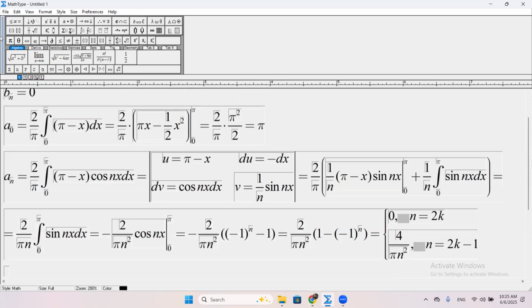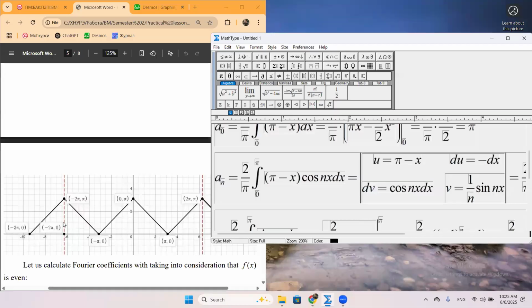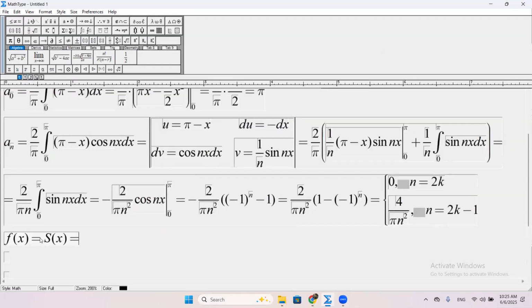So how will we write the Fourier series and the sum of the Fourier series? In the following way. As this function is everywhere continuous, s(x) will match f(x).